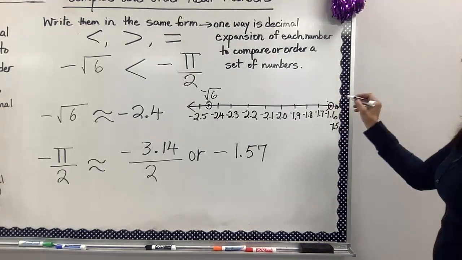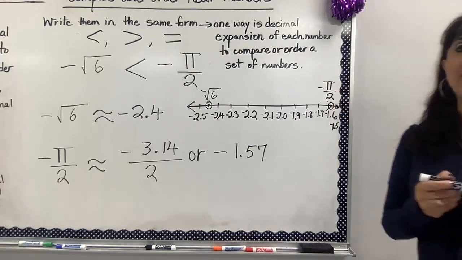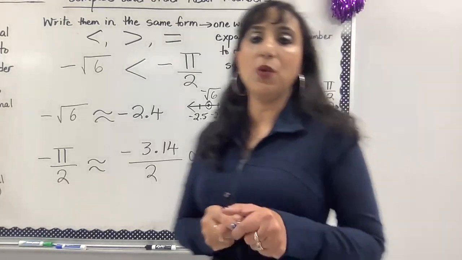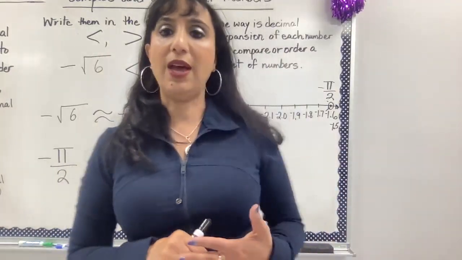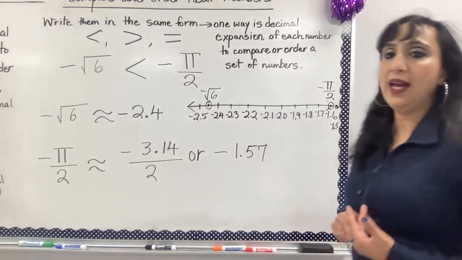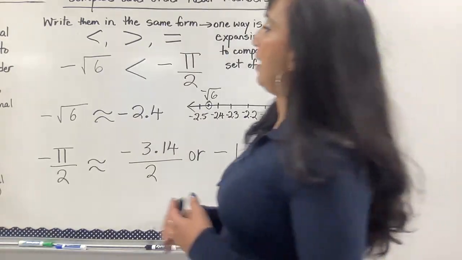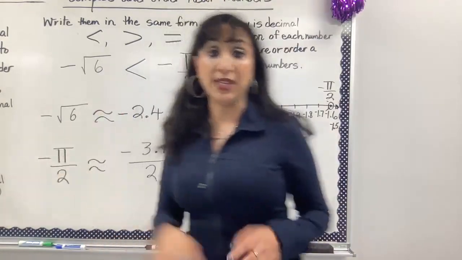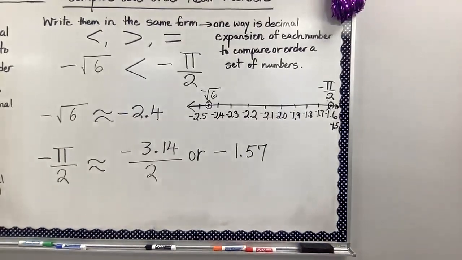Once again, on a number line, the number which is to the right is going to be the greater number. Therefore, negative pi over 2 is greater than negative square root of 6. Putting them in the same format, the decimal format, always makes it so much easier.